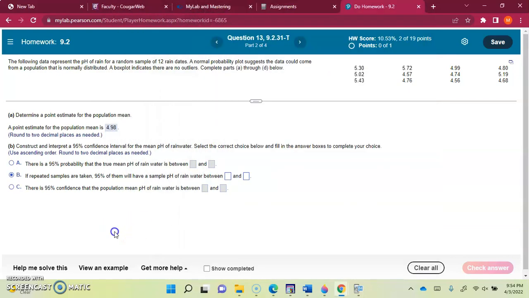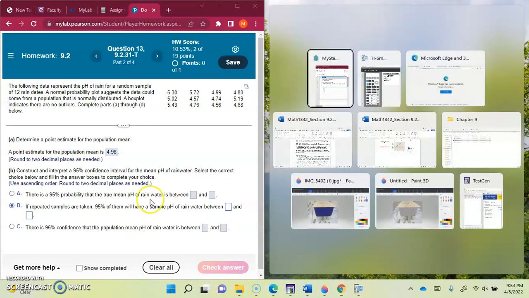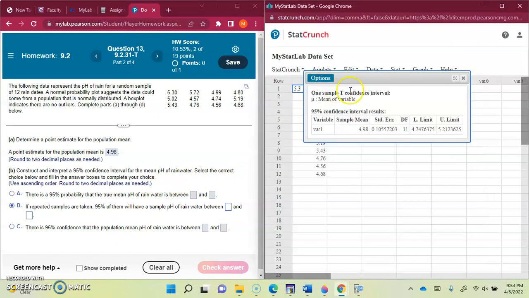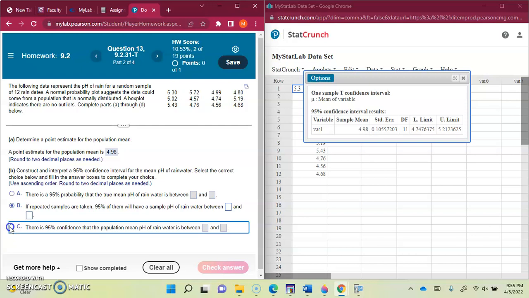So first we need to read which option is correct option. It says construct and interpret 95% confidence interval for pH of rainwater. So let's read these three options. There is 95% probability, so not this. If repeated samples are taken, 95% of them will have sample pH of rain between this point and this point. I don't think that is the one.